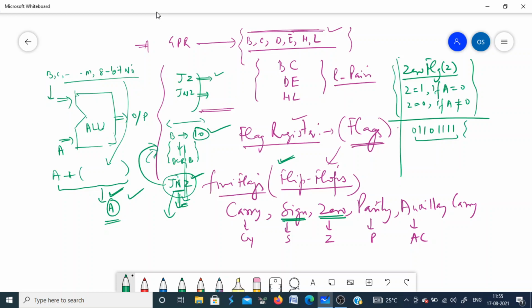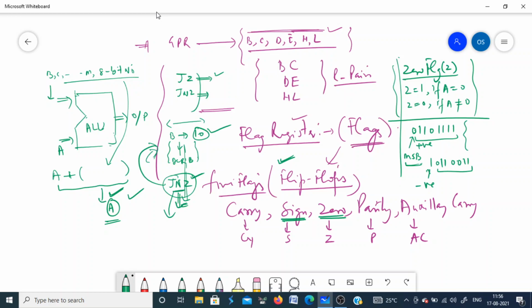In signed integers, the most significant bit, MSB, is used for sign representation. If it is 0, it is positive. If I take the number 1 0 1 1 0 0 1 1, the most significant bit here is 1, so it is a negative number.